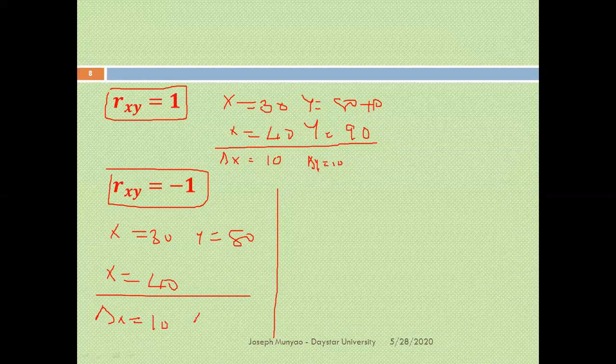So the change in y will be 10, but in this case it will be negative. It will be moving in the opposite direction. To get the new y, you take 80 and subtract 10 to get 70. So x has increased by 10 to 40, and y has decreased by 10 to 70.